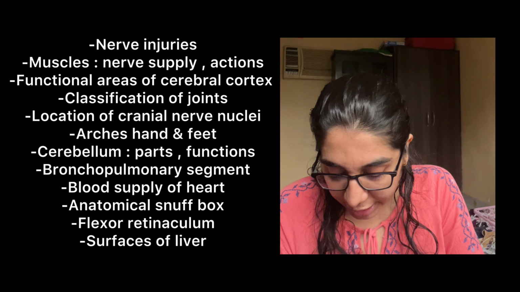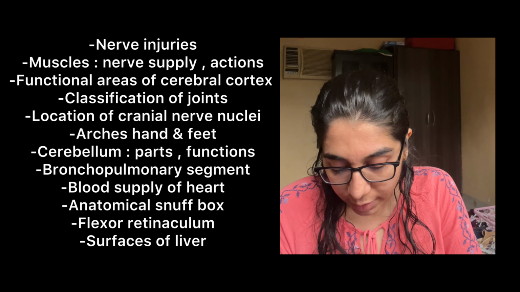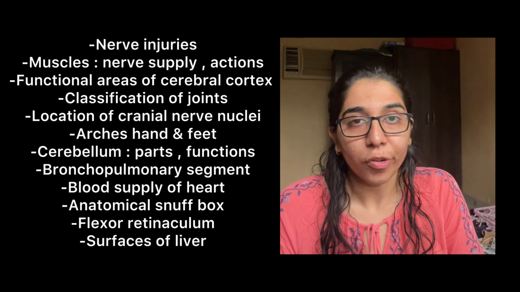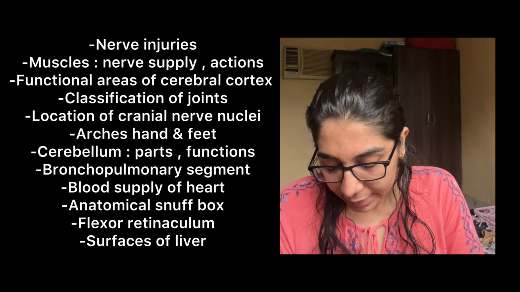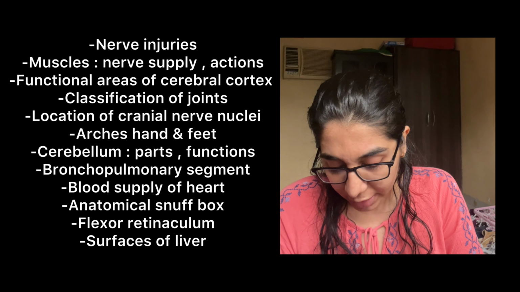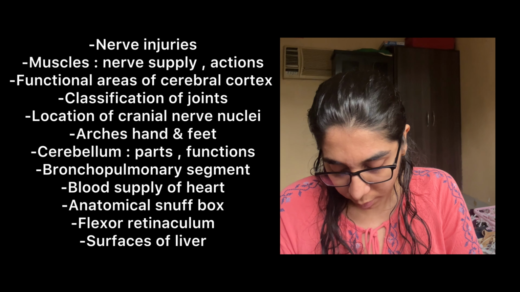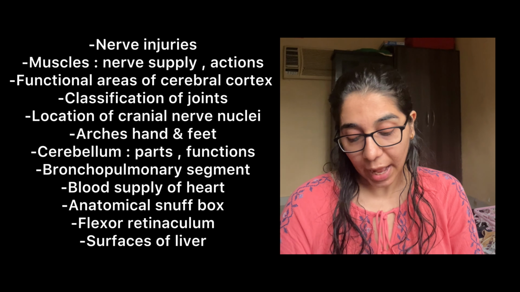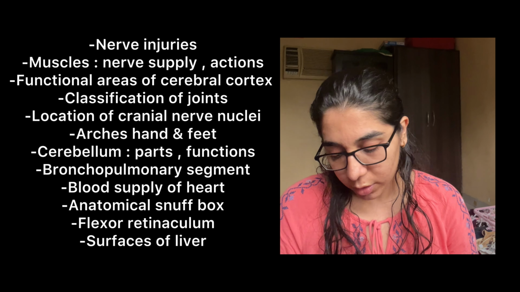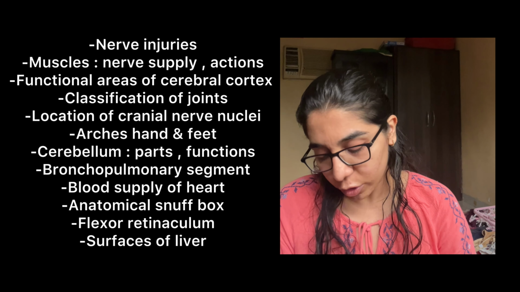In 2015, the first question is, which muscle causes unlocking of the knee? Then the second question is, branch of posterior cord of brachial plexus leads to. So which is a branch of the posterior cord of brachial plexus? So that's it. Only 2 questions are asked in 2015.